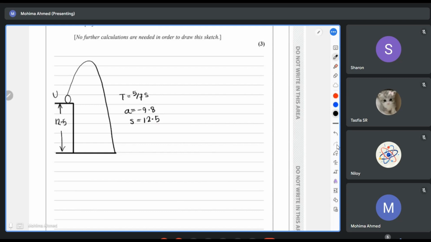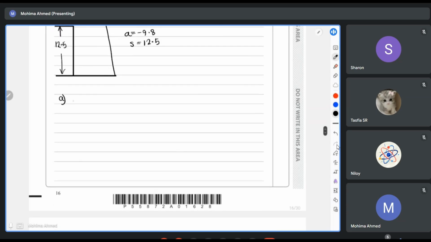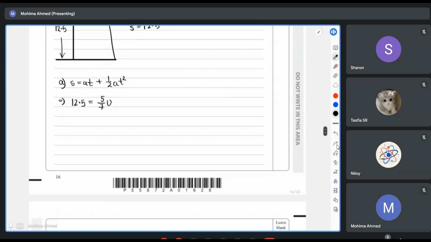So for part A, s equals ut plus half at square. That would be 12.5 equals (5 by 7) capital U. Half multiplied with negative 9.8 would be 0.5 times 9.8, that is 4.9. So it will be negative 4.9 multiplied with t square, which was (5 by 7) square.